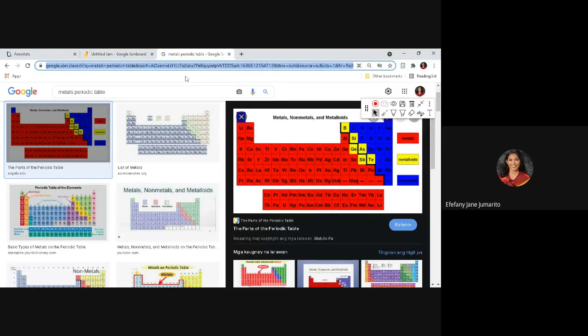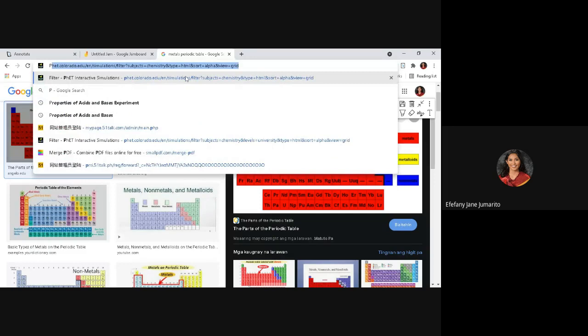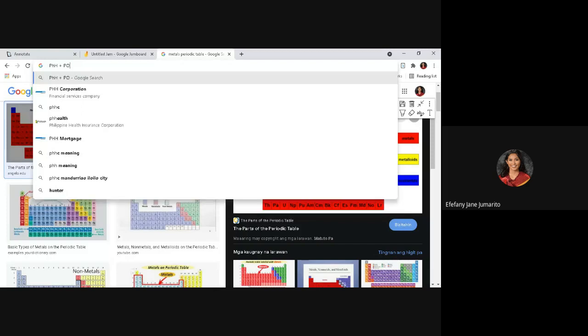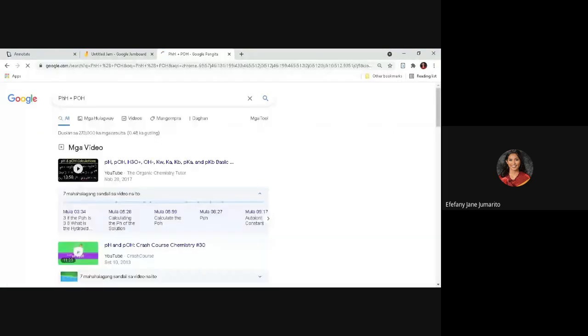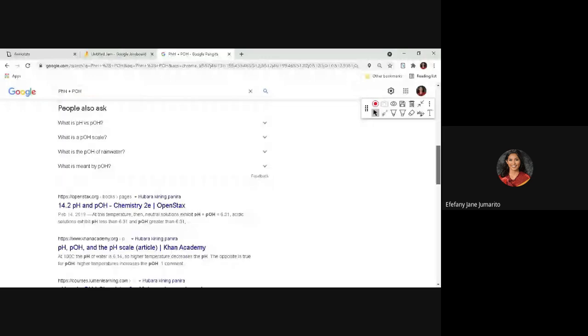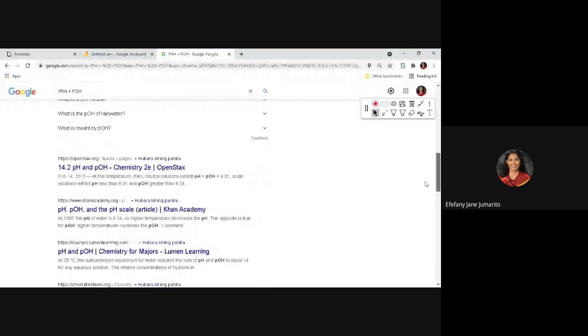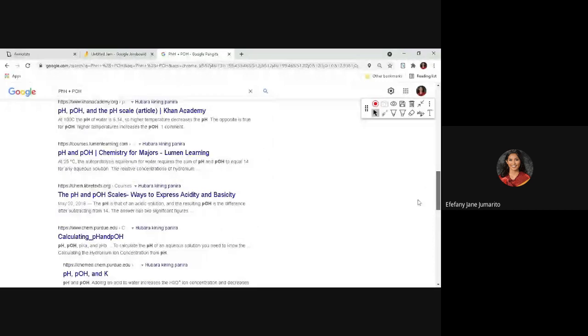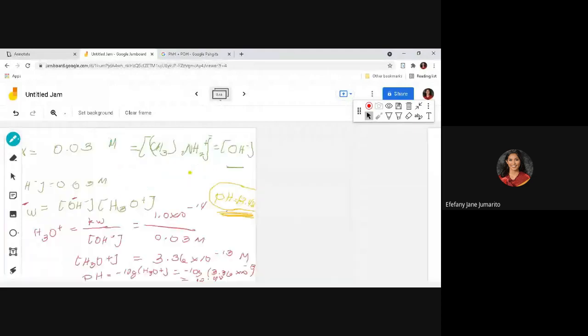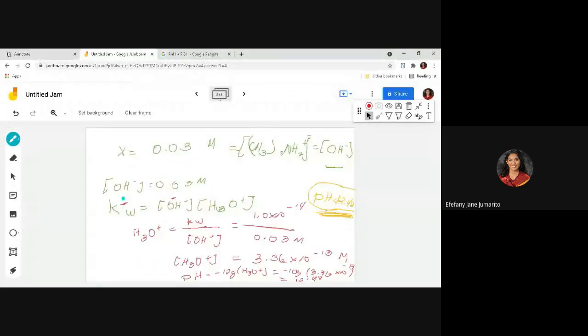Alright. So we have that formula also: pH plus pOH is equal to 14. Now, back here, we have the OH. We already have the concentration of OH.